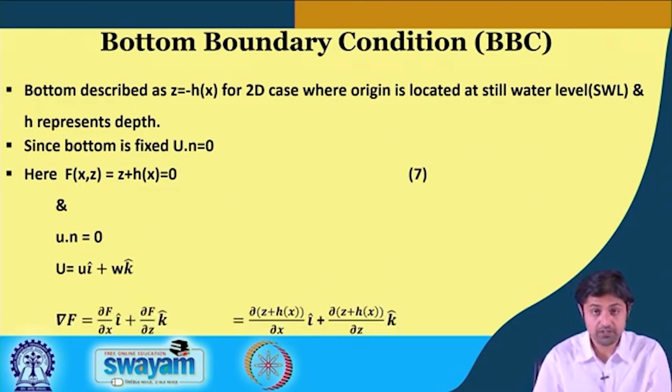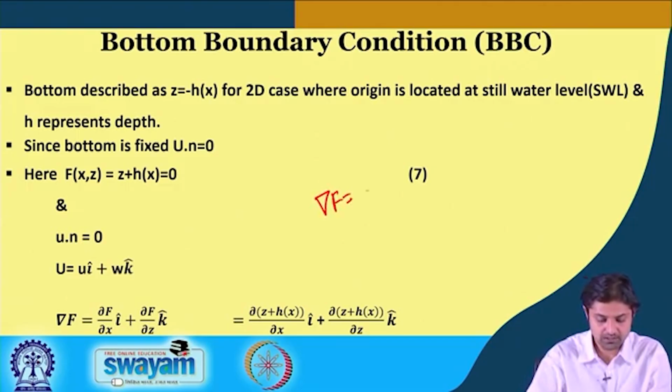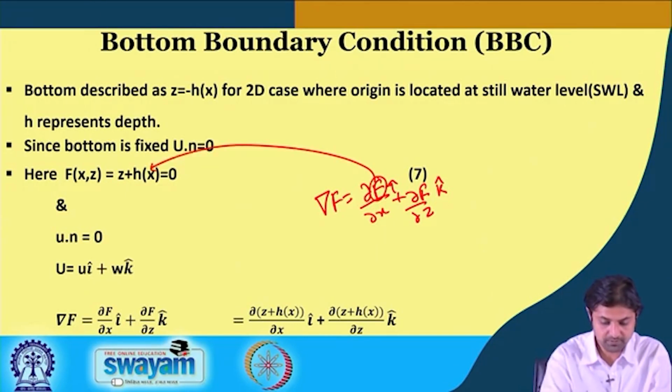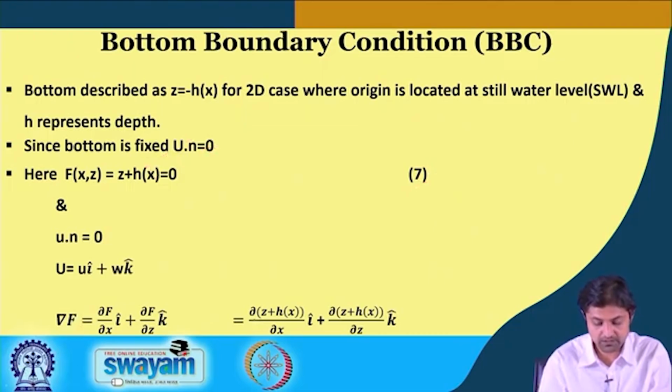This is a general u that we can assume in 2 dimensions, x and z. So, we are going to apply what we have learnt in the previous lecture. Delta f is going to be del f del x in the i direction plus del f del z in the k direction. And instead of f, we put z plus h of x. So, what we get is del del x of z plus h of x times i cap, plus del del z of z plus h of x times k cap.